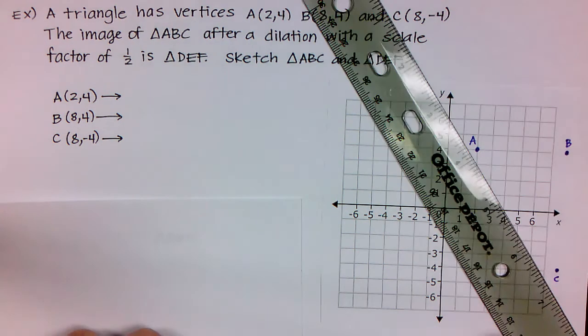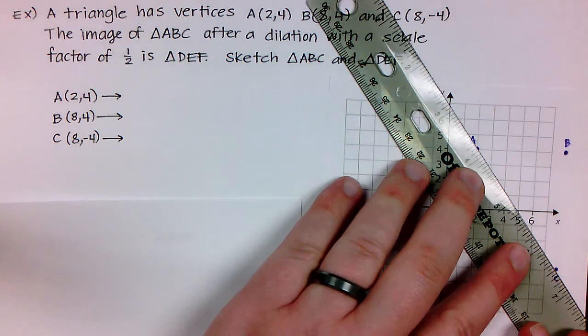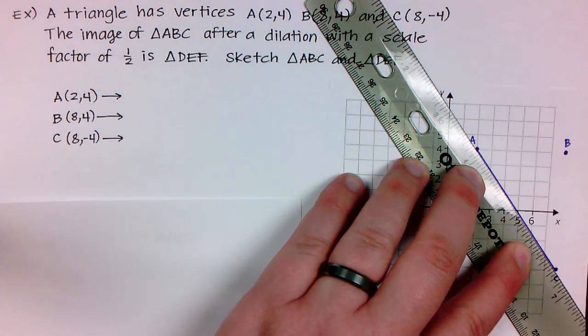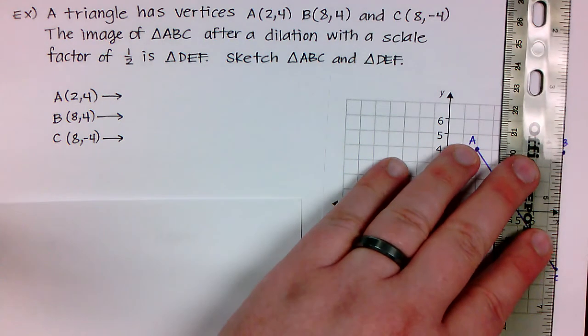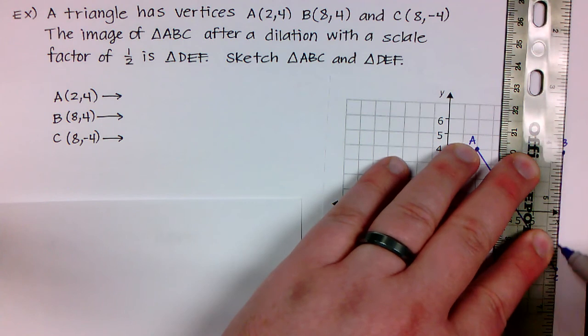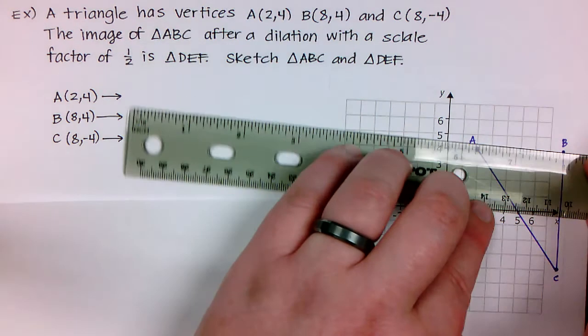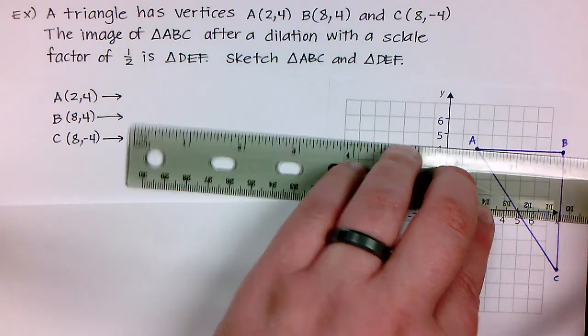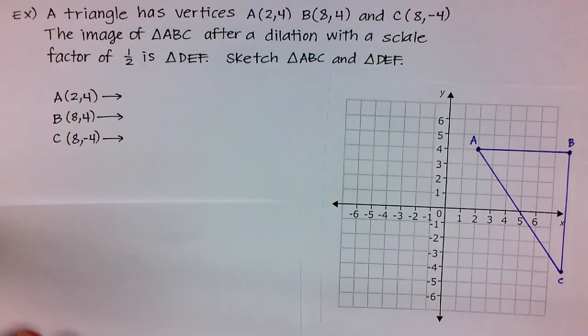So that looks like a pretty big triangle there. I could tell that it's a right triangle. So that's kind of cool.